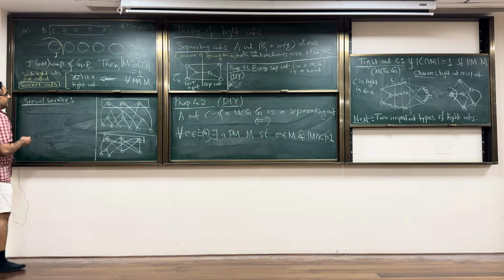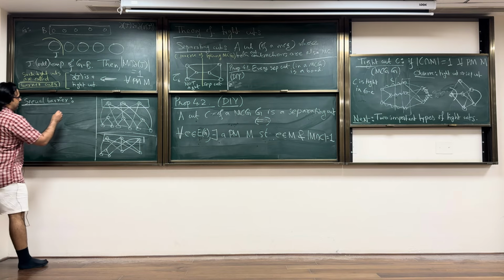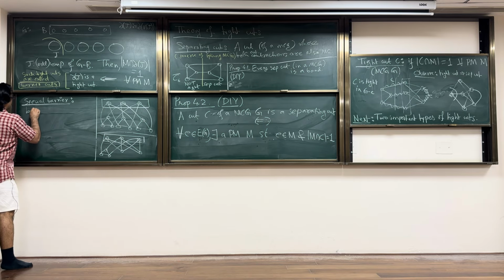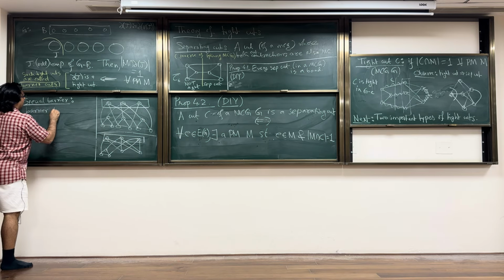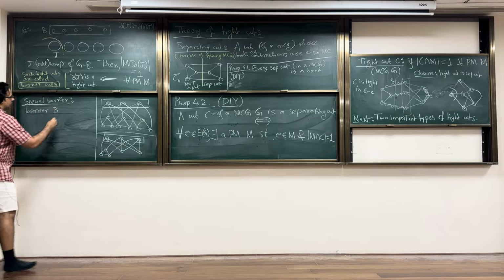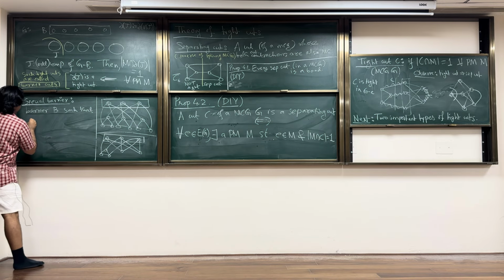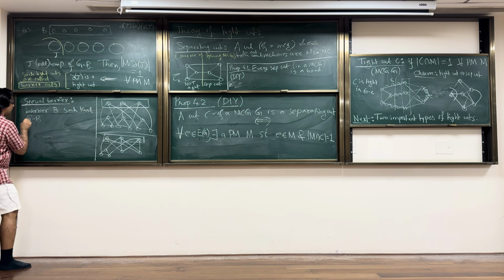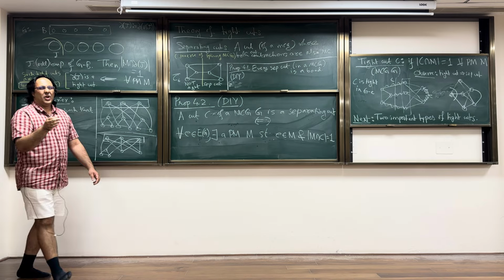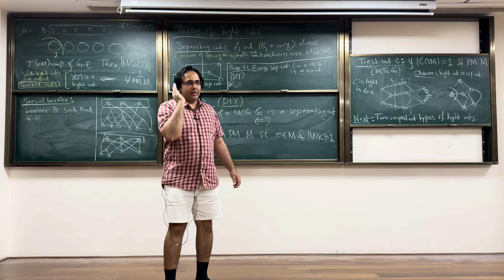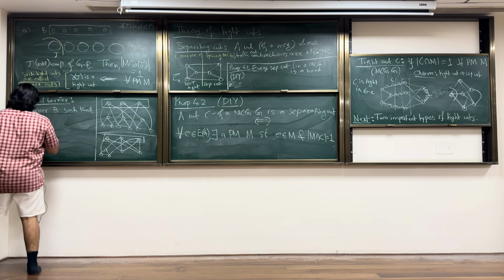So special barrier means it is a barrier B such that G minus B has precisely one non-trivial component. All the other components are K1.